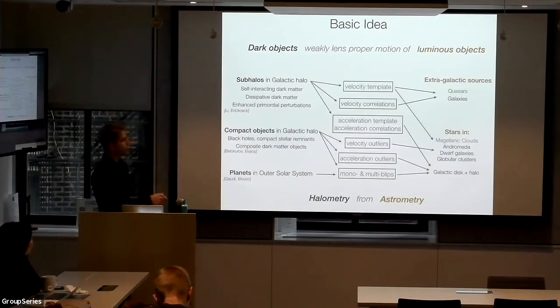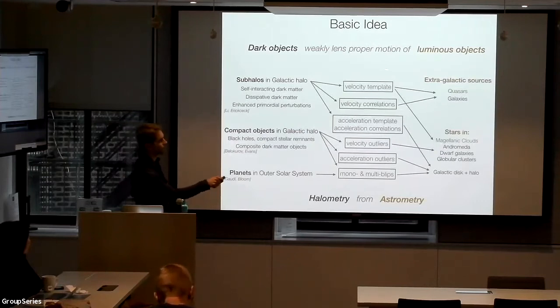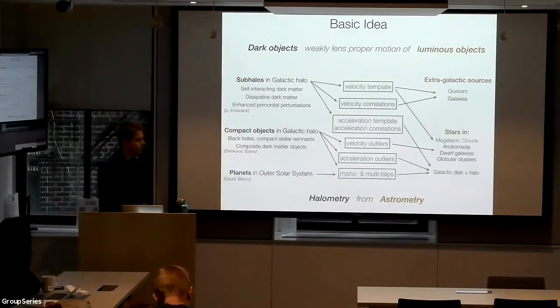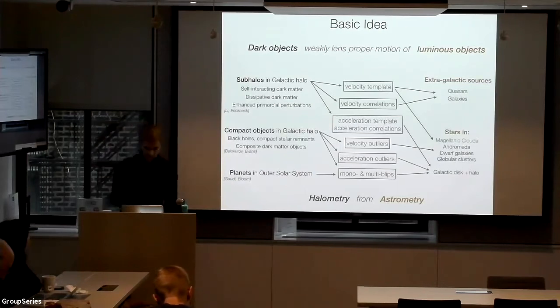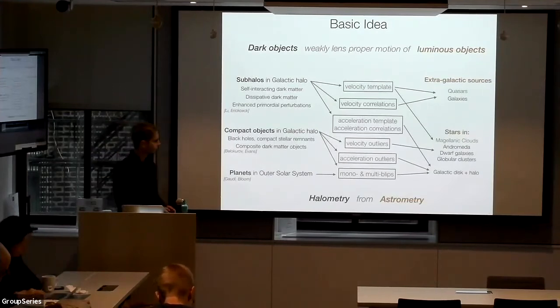Because we only have access to proper motions in the Gaia data set, I will talk about these velocity-based observables for subhalos in the Milky Way. And so I'll mostly talk about this velocity template analysis on the Magellanic Clouds, and then afterwards about the proper motion power spectrum in the Gaia quasar data sample. But there's a program of analyses to do in the next several years.